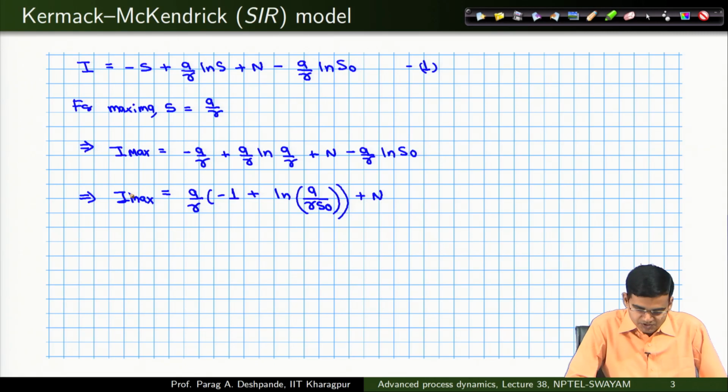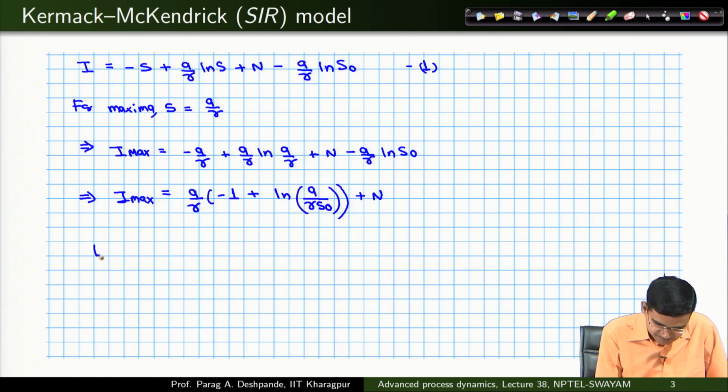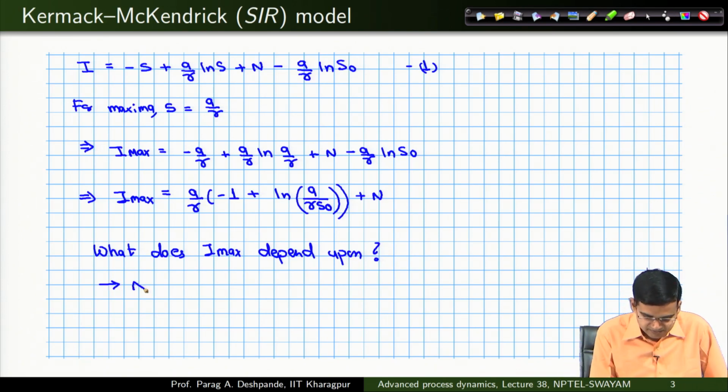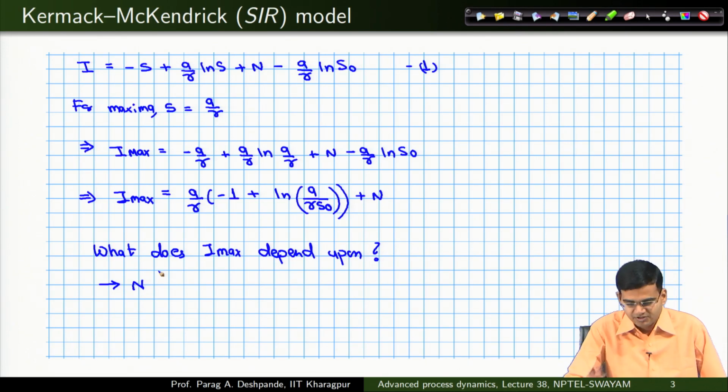Now the question is, what does I max depend upon? The answer would be it depends upon n, from equation number 2.